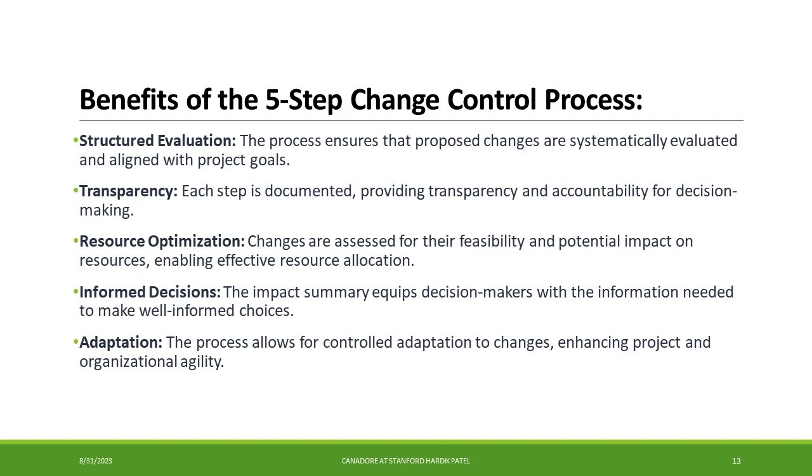Adaptation. The process allows for controlled adaptation to changes, enhancing project and organizational agility. In summary, the 5-step change control process offers a systematic approach to managing proposed changes within projects.